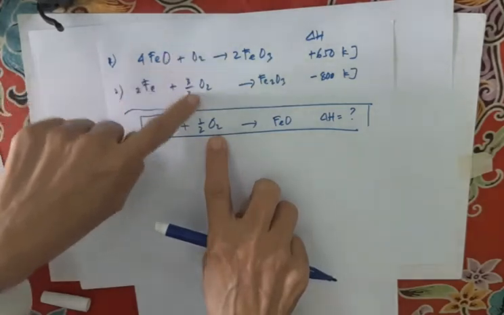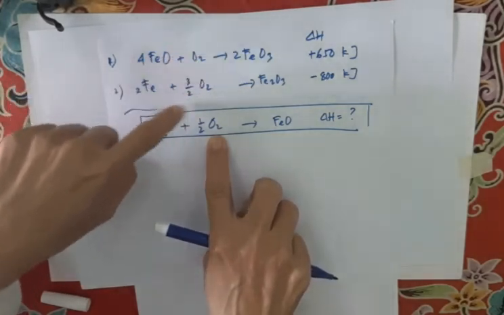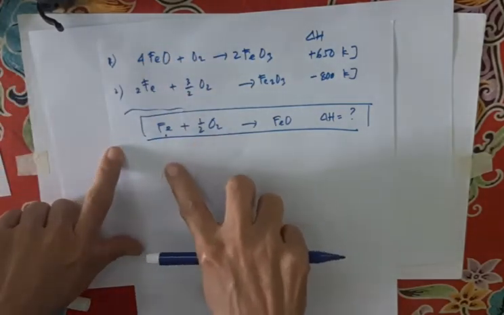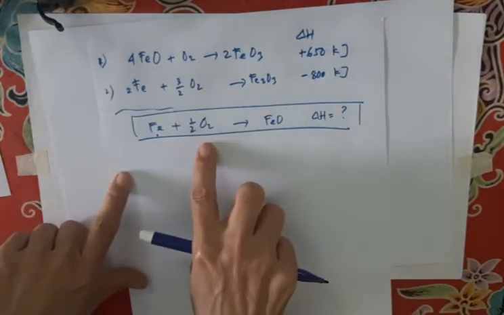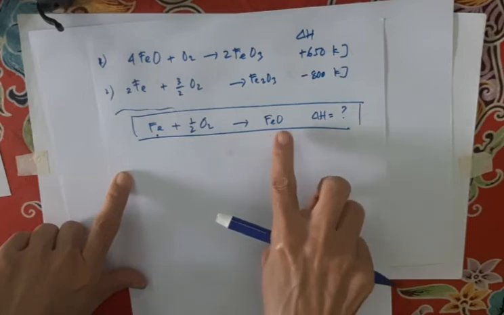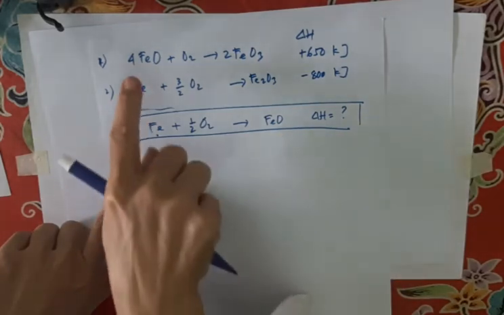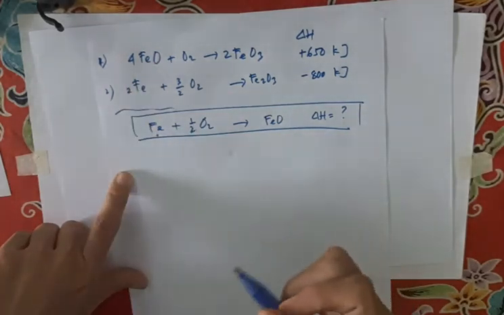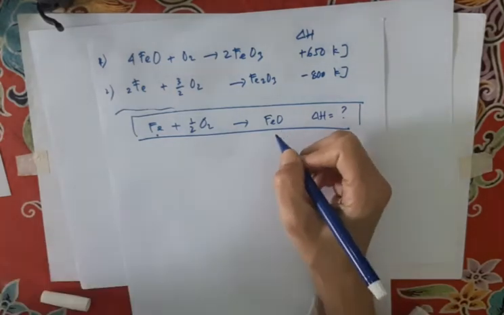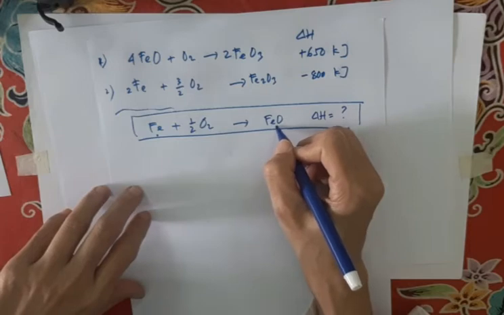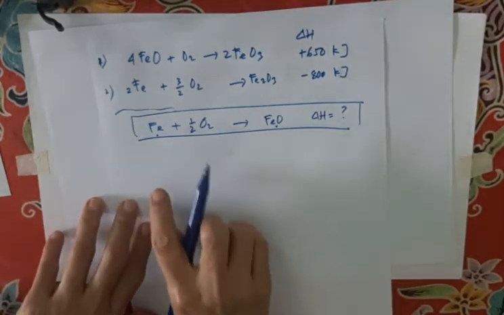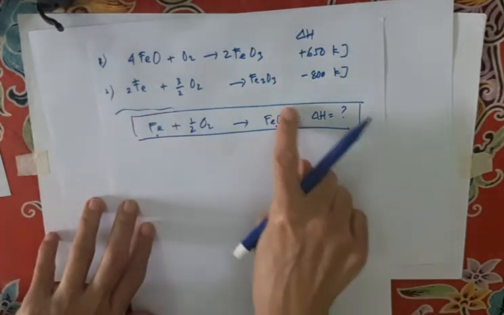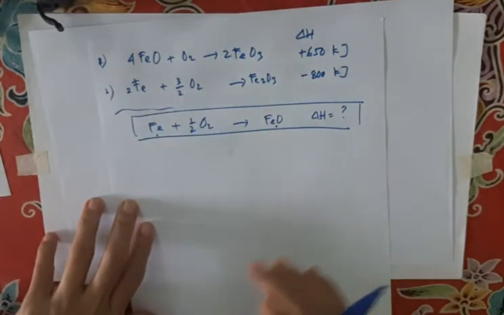O2 appears in the two equations, so we don't need to make this substance our focus. FeO appears in only one equation, right? I gave a sign here so you can recognize the substances.